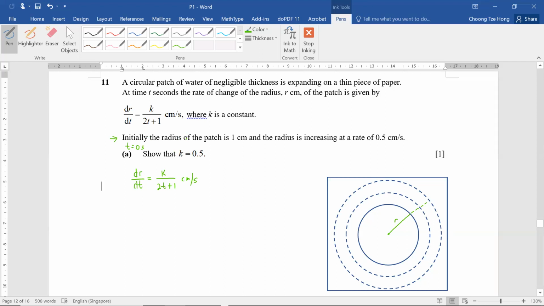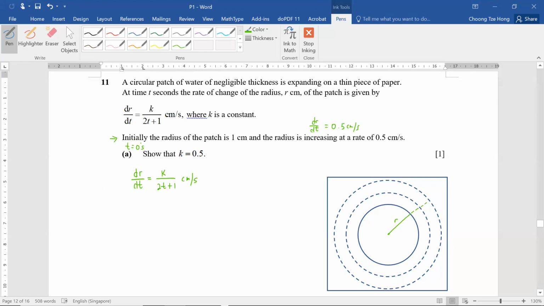The radius is increasing at a rate of 0.5 cm per second. Radius increasing at a rate means dr/dt, so dr/dt is 0.5 cm per second when t is 0.